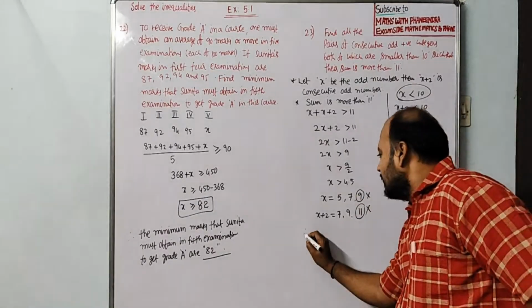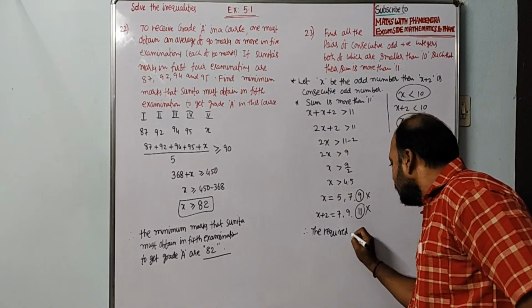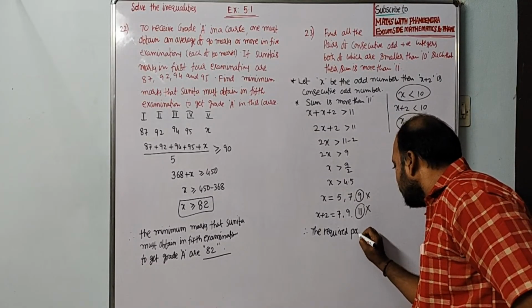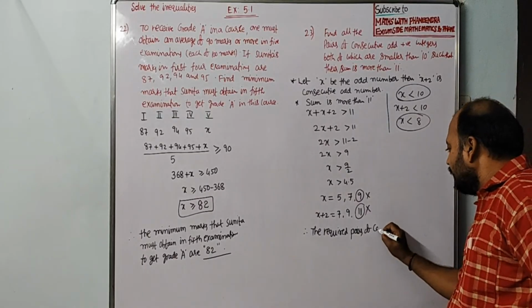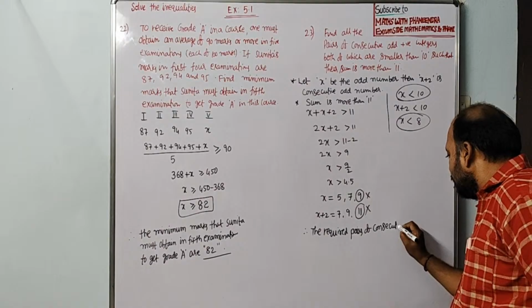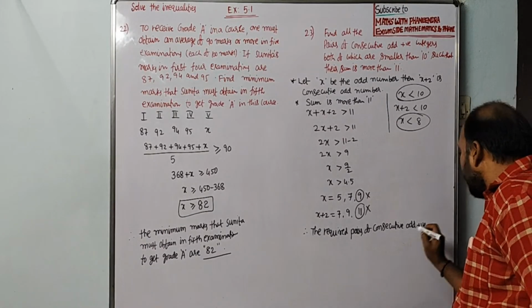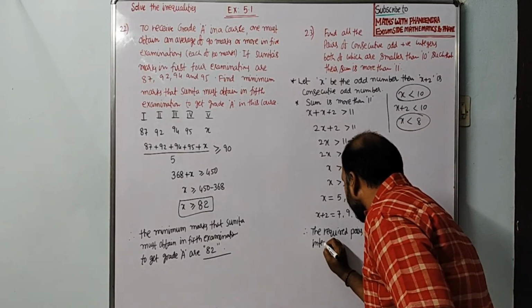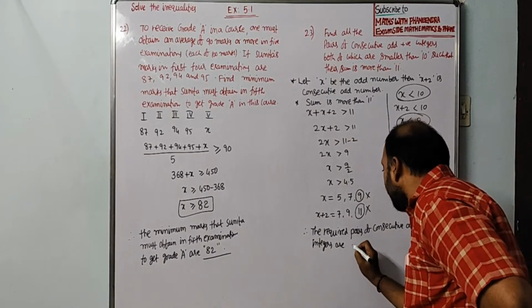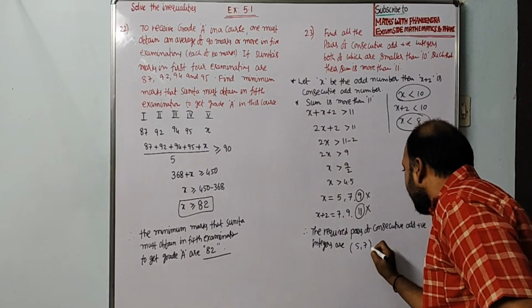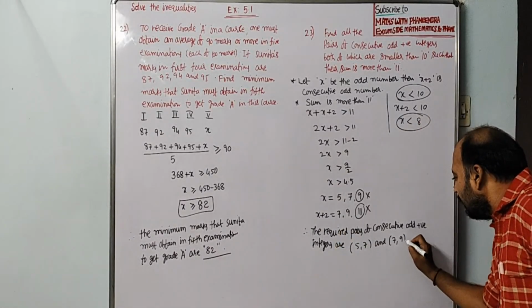Therefore, the required pairs of consecutive odd positive integers are 5 comma 7, one pair, and 7 comma 9, one other pair.